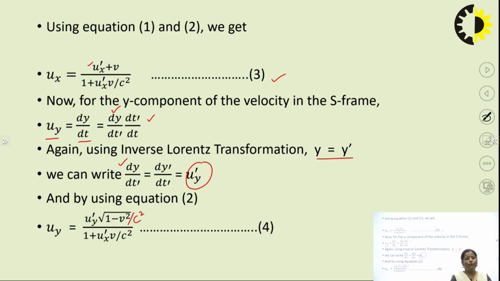This is our equation 4, and this is our component of velocity in the y direction in the S frame. So this is how we completely define this part. We have calculated x by equation 3, and y by equation 4.